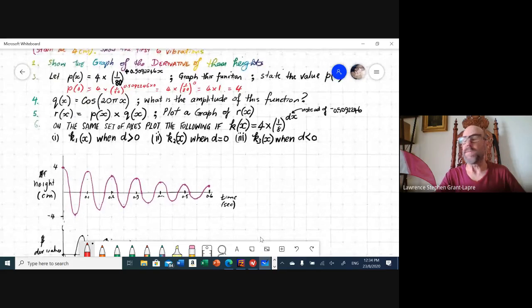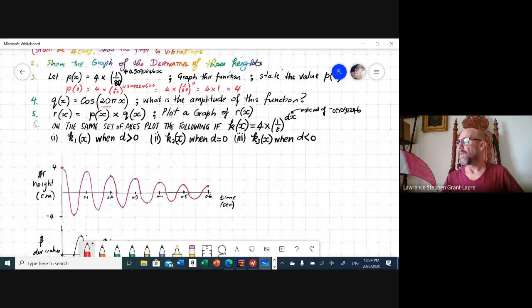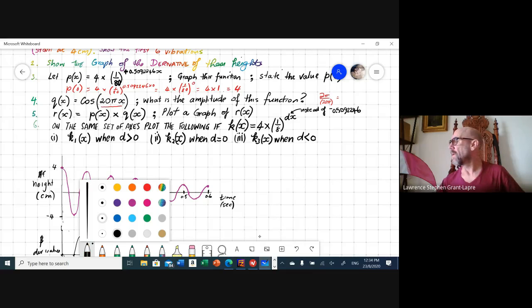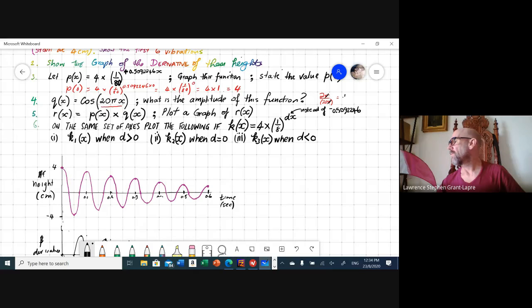What is the amplitude of this function? 2 pi over b is the amplitude. B is 20 pi. So the pi's cancel, and you've got 1/10. You will see that that correlates with our story, where our period is 1 second.